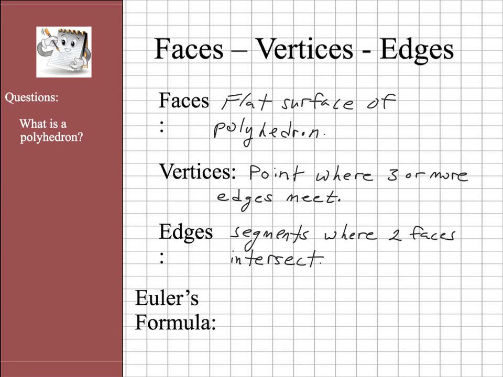In his formula, he said that if I have faces and I add the number of vertices to that, I get the number of edges plus 2.